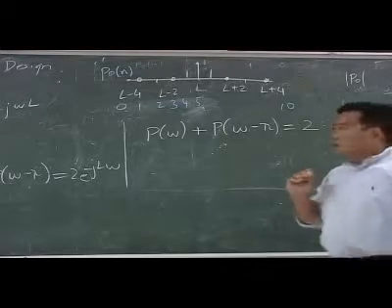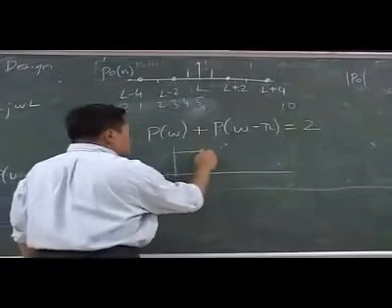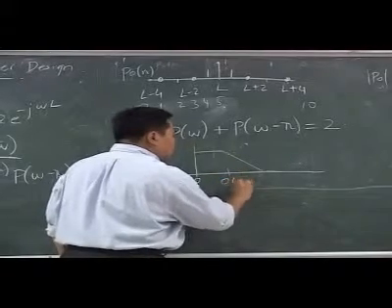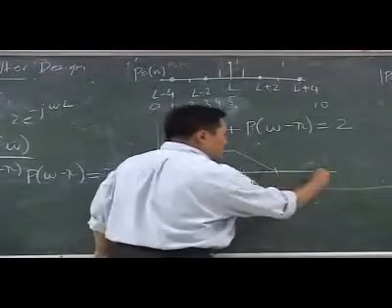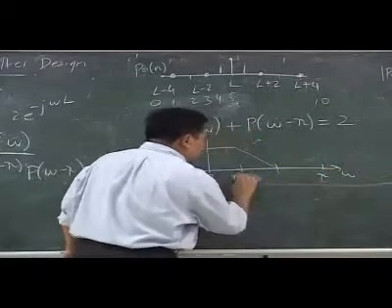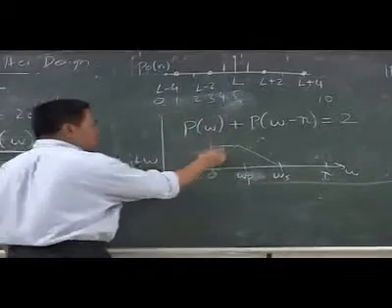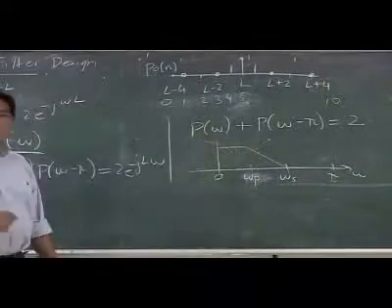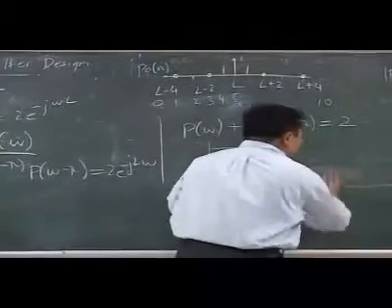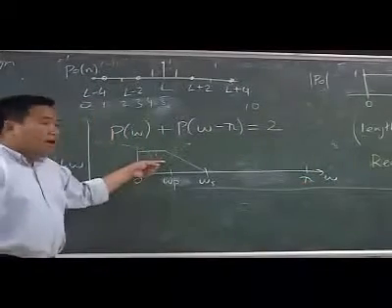So let's think about this, right? Let's say P of omega is something like this, okay? This is 0 to 0.4 pi. This is some arbitrary thing, okay? This is pi. So this is P of omega.